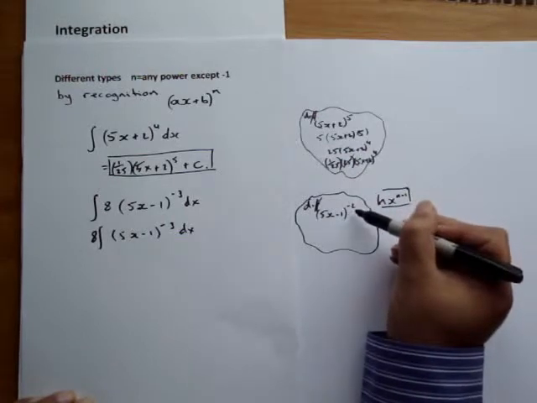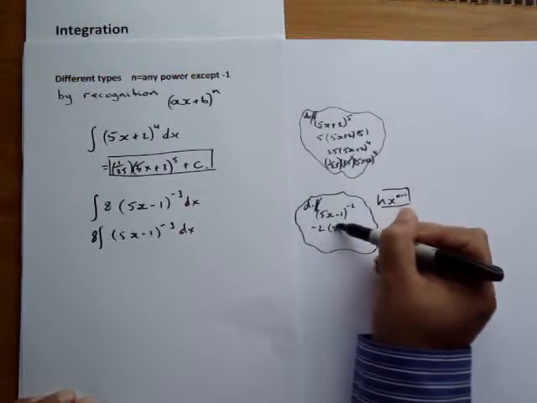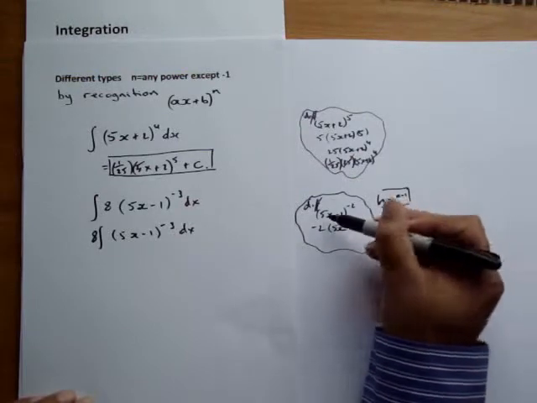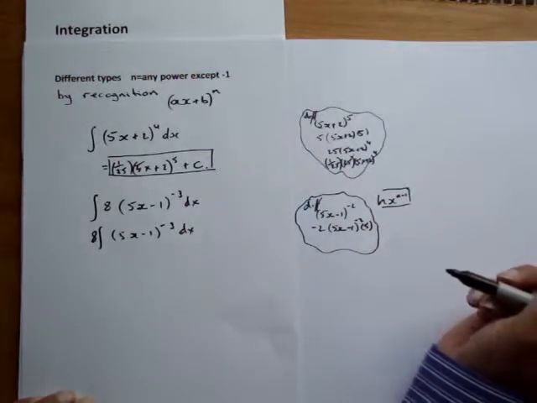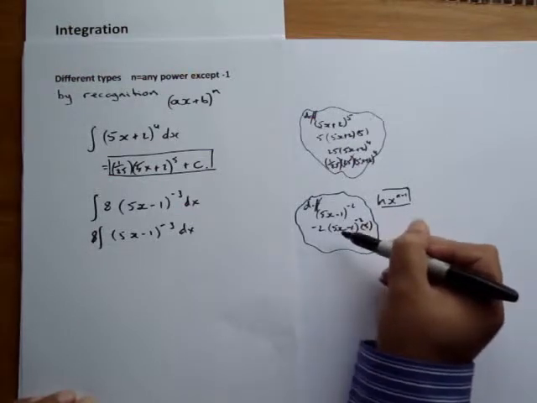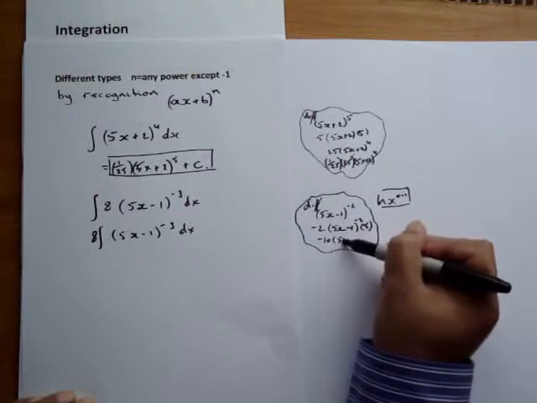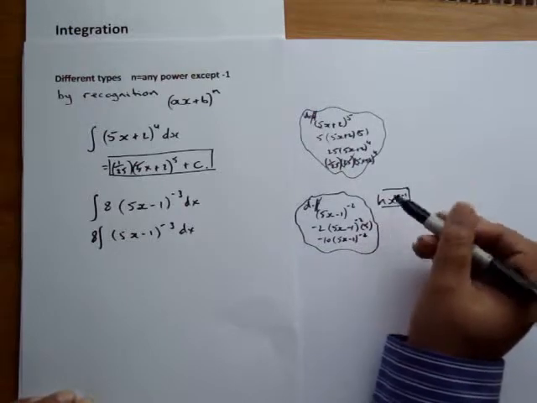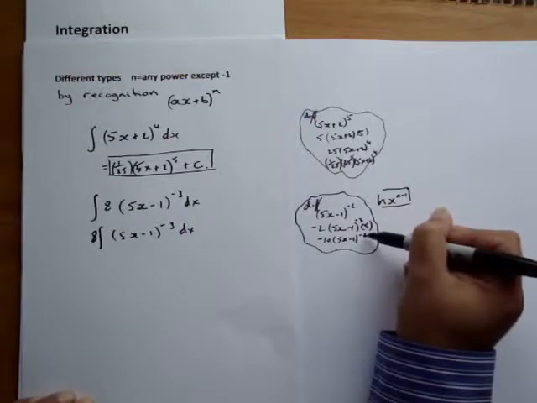Now remember, in the chain rule what we do is we bring the -2 down, then we have the (5x - 1), then the power -3, and then we multiply by 5. So this would give us 5 times -2, which is -10, (5x - 1)^(-3) when we differentiate.